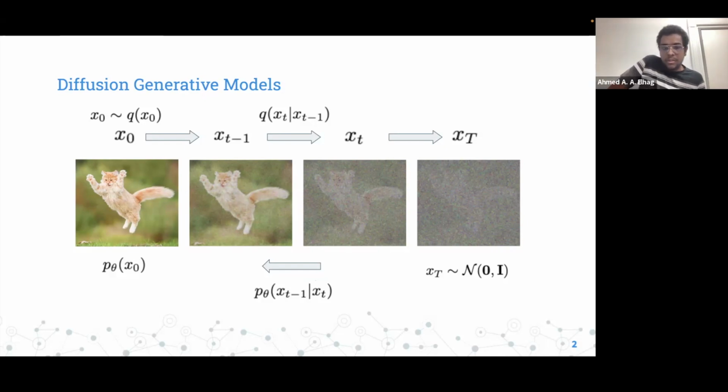You convert your samples to Gaussian distributions by adding Gaussian noise for a very large number of steps, and this is the forward process. And also you have a reverse process, where you sample the noise, and then you would like to reconstruct your signal.